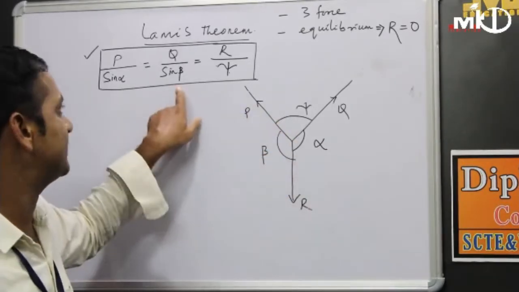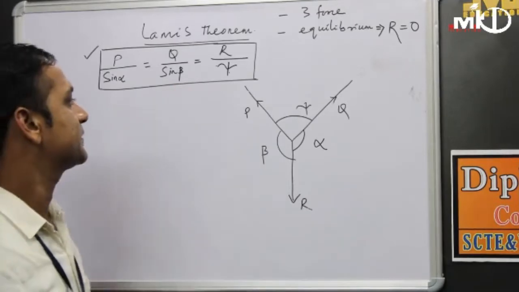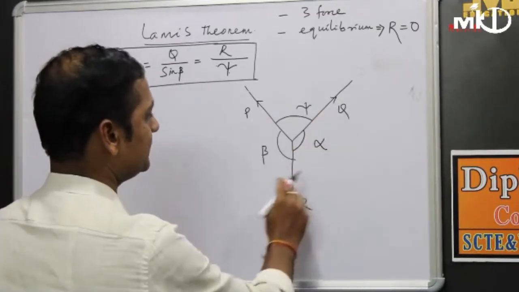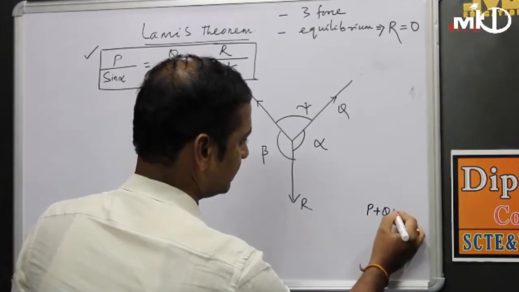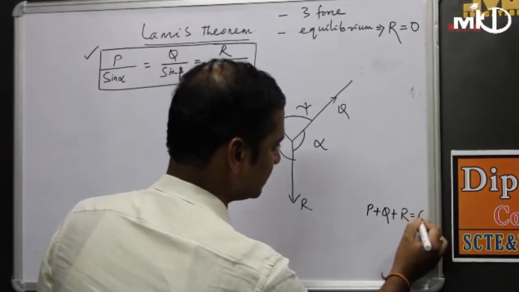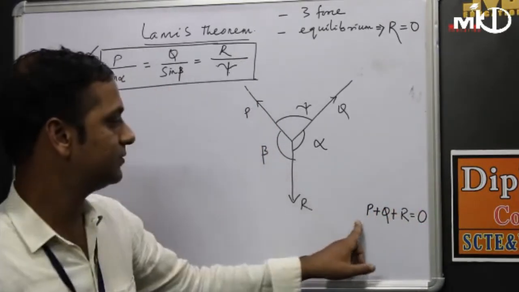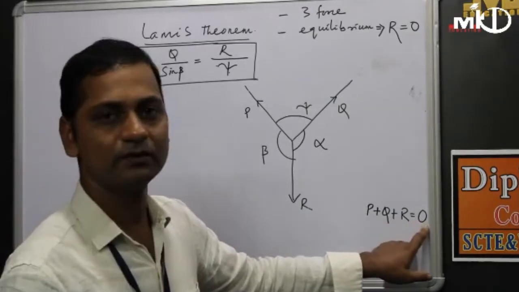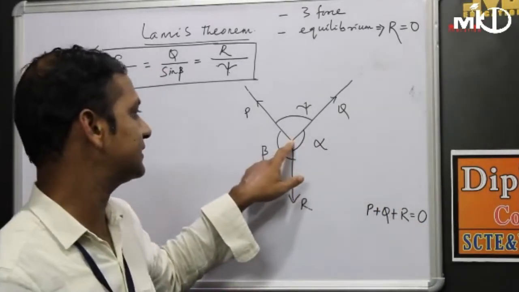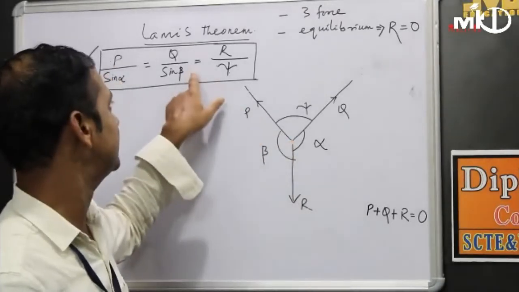Then we can apply Lami's theorem. That is the main concept. So here P plus Q plus R, the resultant, is equal to 0. The algebraic summation of all three, the net force, must be equal to 0, meaning the body is in equilibrium. Then we can apply this formula.